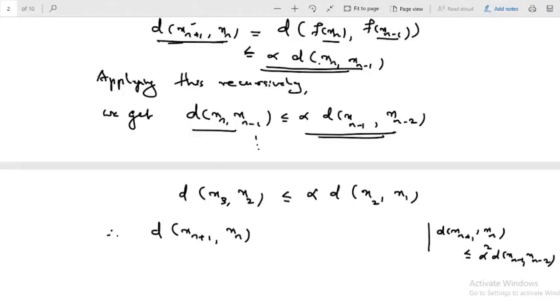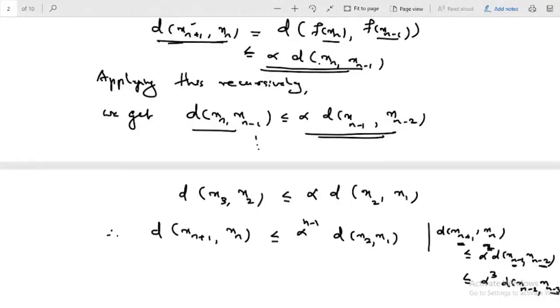By the time we reach d of x2, x1, what happens? When xn minus 2 came, we had alpha square. Next, as I said, bringing d of xn minus 2, xn minus 3, we get alpha cube. So 2 plus n minus 2 is n, 3 plus n minus 3 is n. Therefore, connecting to d of x2, x1, it is less than or equal to alpha raised to n minus 1 into d of x2, x1.